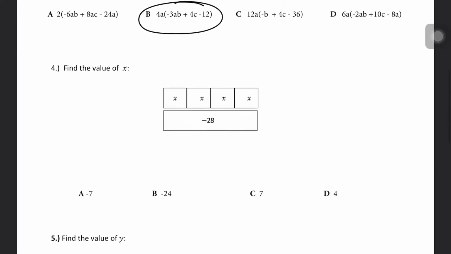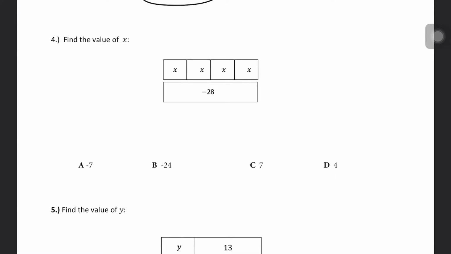All right, number 4. Number 4 says find the value of x, and you have 2 rectangles. These 2 rectangles are equal to each other. On the right side, you have negative 28. And on the left side, you have 1, 2, 3, 4. You have 4x.